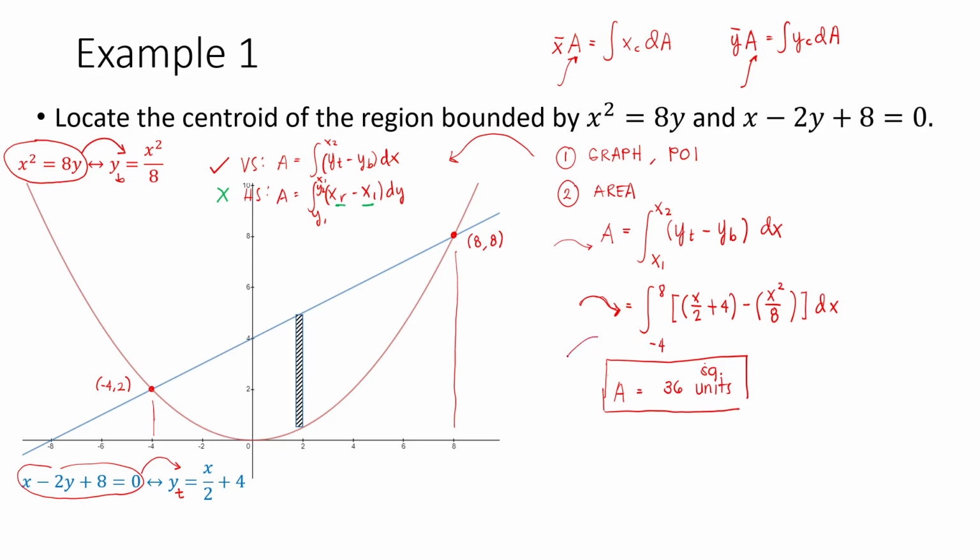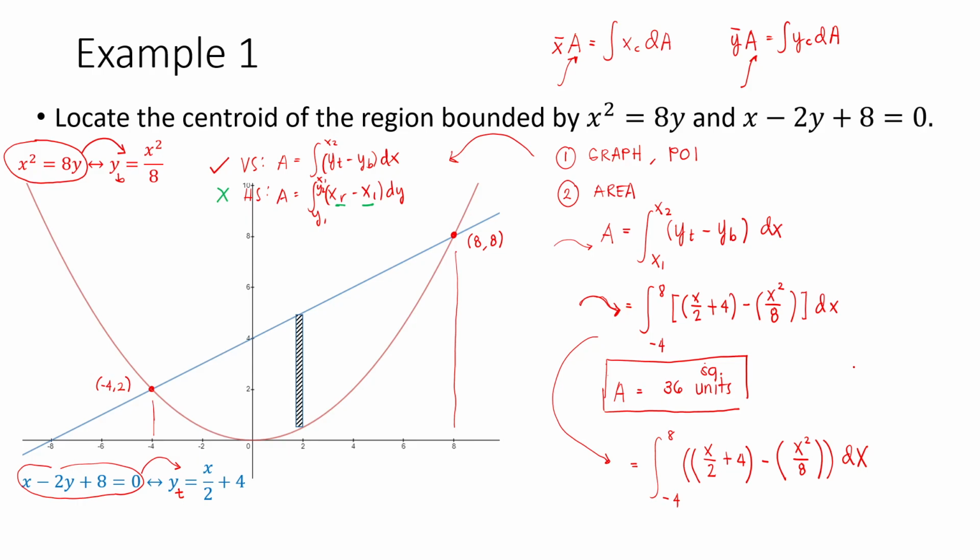If you're going to ask me how I plug this one in my calculator, I'm fond of grouping my terms with parentheses. So if you plug it in the calculator, this will be negative 4 to 8. And since there's no bracket function in the calculator, instead of brackets I'm going to use parentheses, then parentheses again, x over 2 plus 4, and then minus x squared over 8, then parentheses again, then dx.